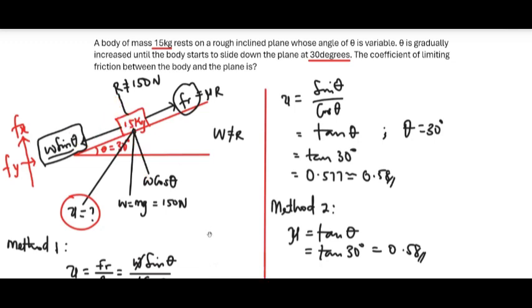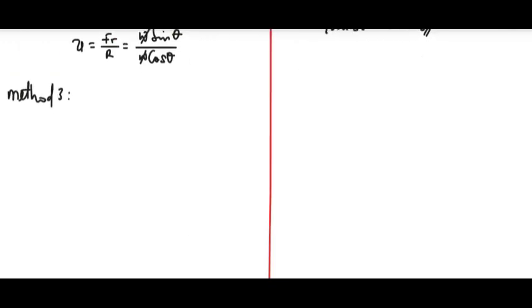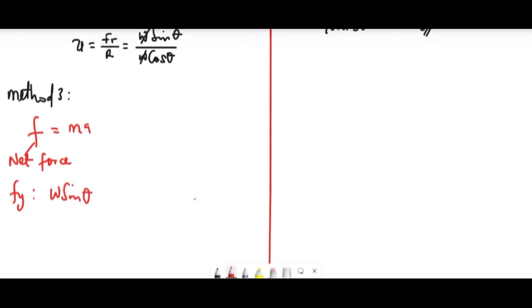So considering that, according to Newton's second law, we have F equals ma. Note that your F is your net force, and that is telling you the difference between the two forces. So for Fy, we have W sine theta, the weight of the block times sine theta, and this is your Fr, your frictional force.